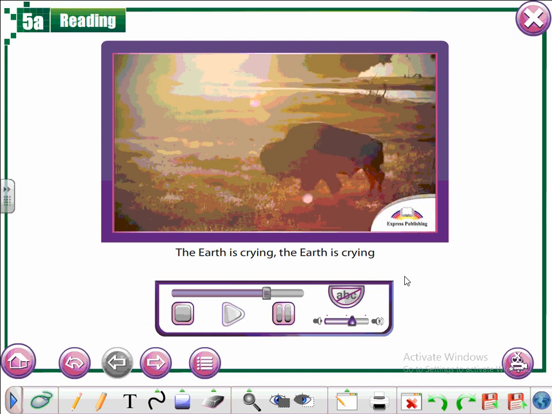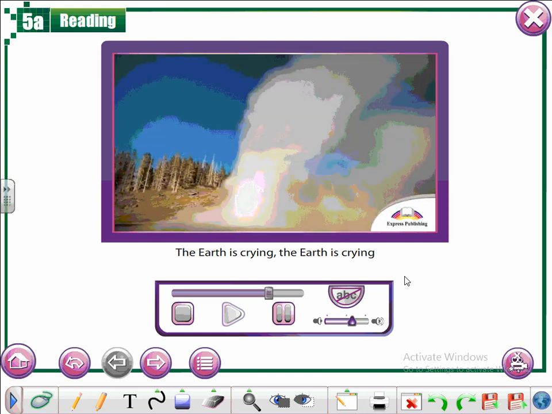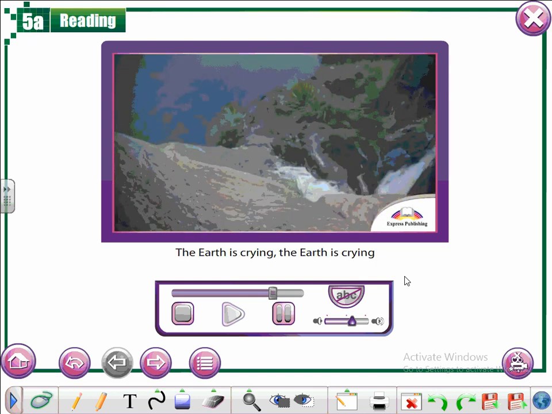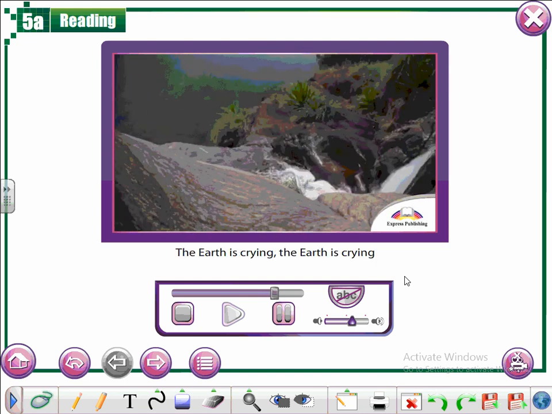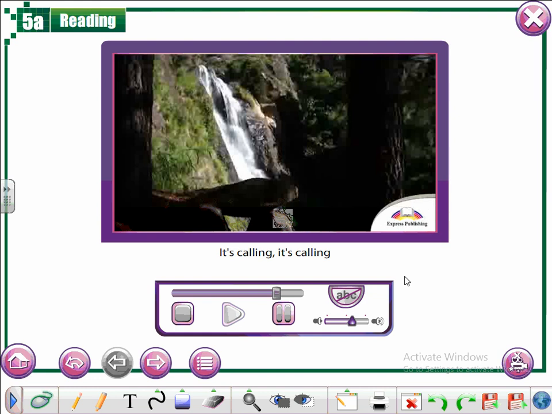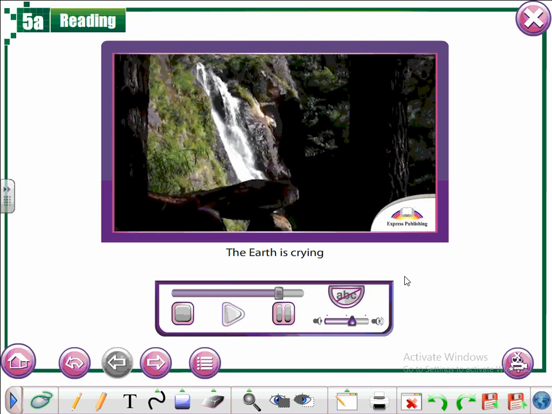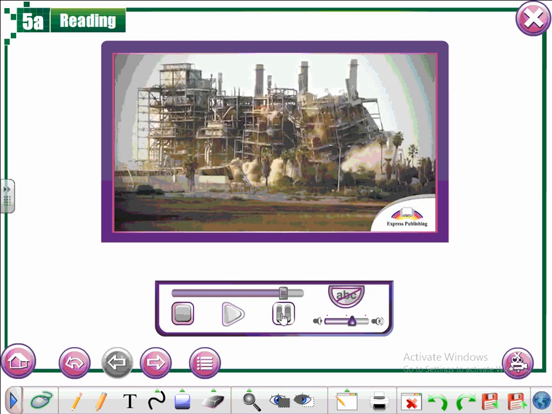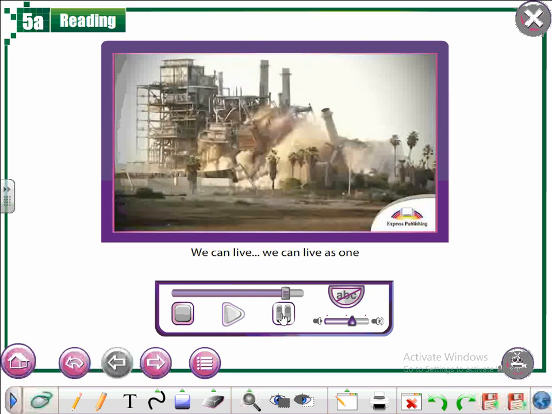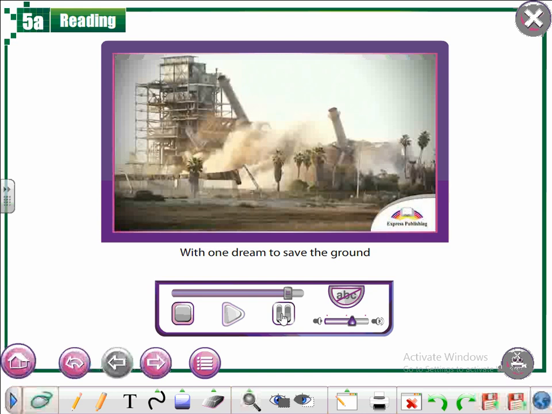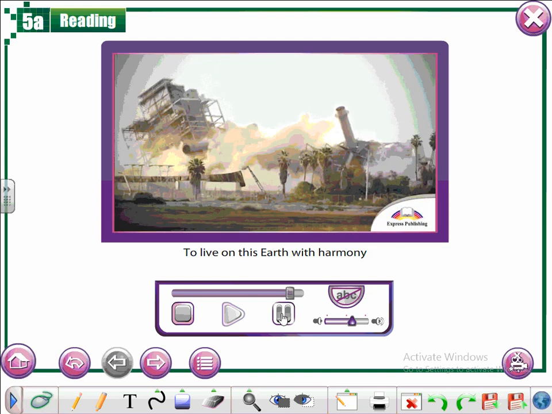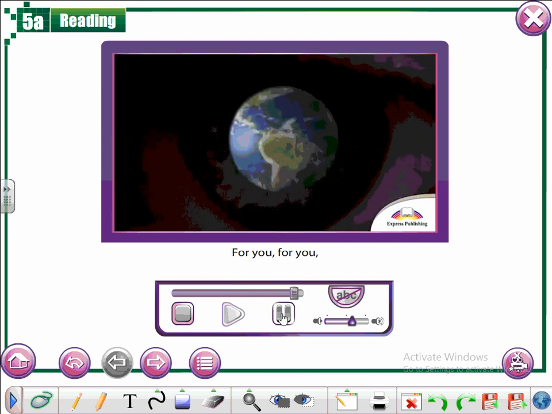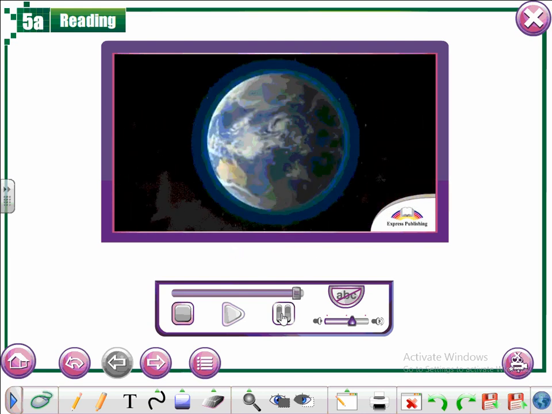The earth is crying, for you and for me. The earth is crying, for you and me. We can live as one dream to save the ground, to live on this earth with harmony, for you and me.